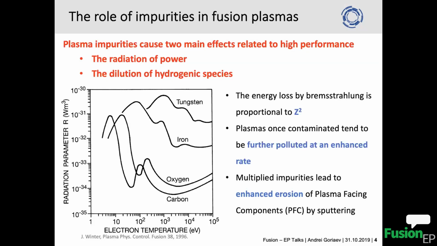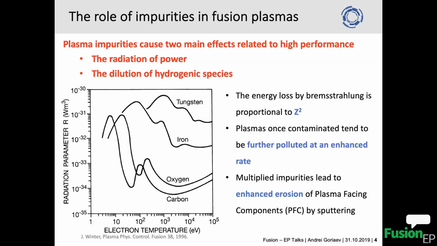All the power which you inject into the vacuum vessel, which is supposed to be spent on plasma breakdown and heating of your plasma, can be radiated by your impurities, so you don't have plasma anymore. You have a termination of your discharge before you want it. And sometimes it can lead to disruptions as well, which you don't really like to have in tokamaks, for instance. This is the main problem.